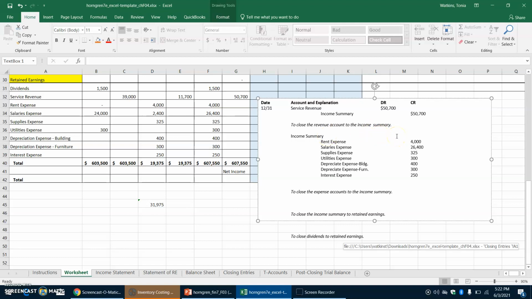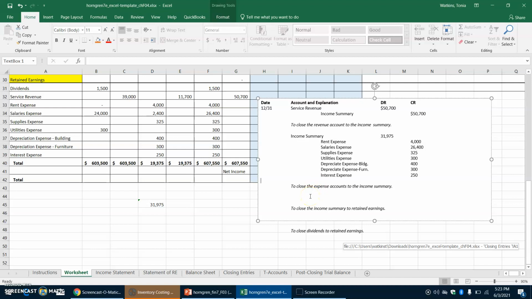My total debit should be $31,975. That's all of these numbers added together. So I have my 4,000, 26,400, 325, 300, 400, 300, and 250. Okay? So that was step 2, closing all the expenses to income summary.